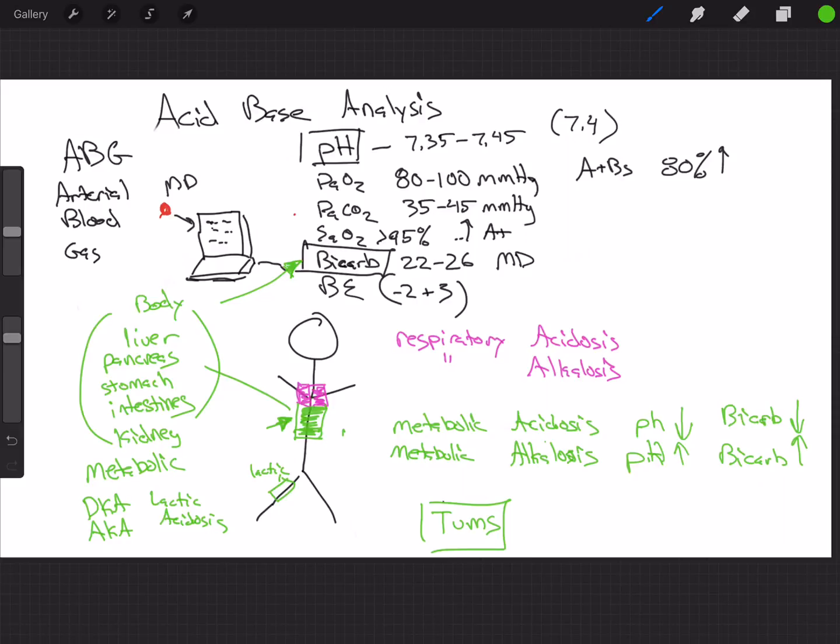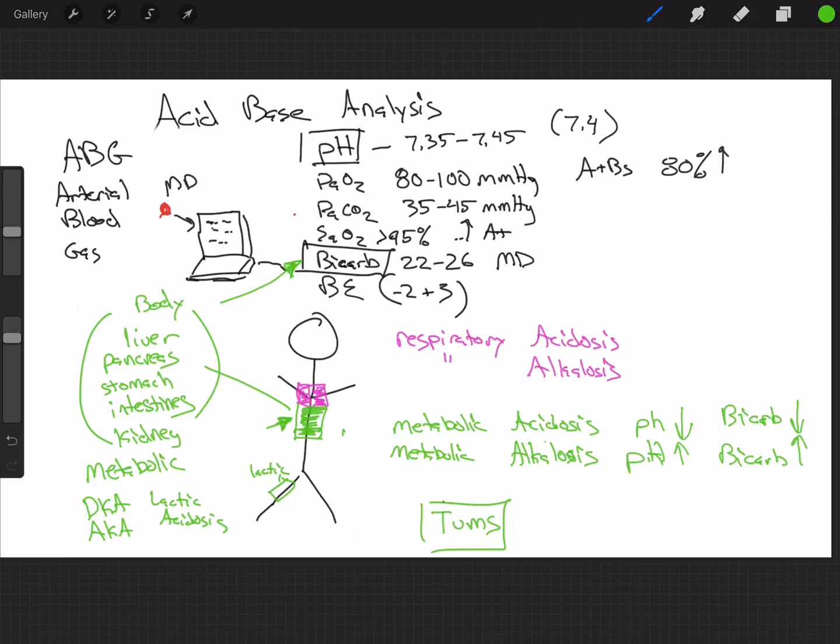So we've put too much bicarb into the body, causing a metabolic alkalosis, or the administration of too much sodium bicarb into a vein, or some sort of weird problem where a person's puking too much and they're vomiting out all their stomach acid, making them alkalotic because their body lost a bunch of acid.